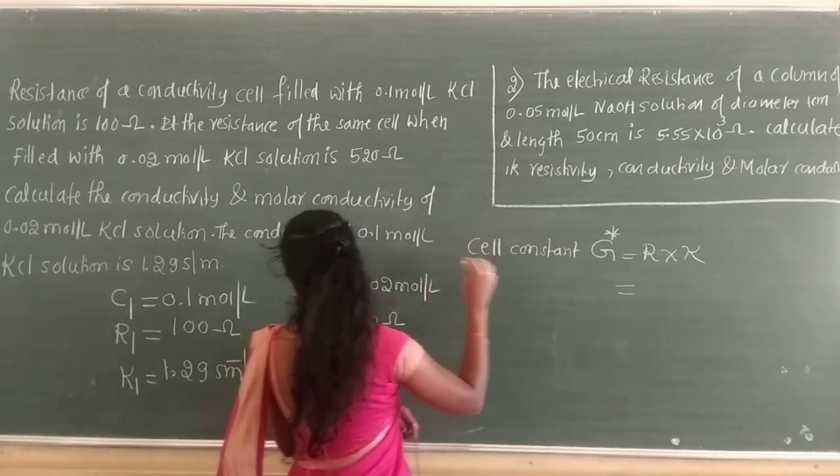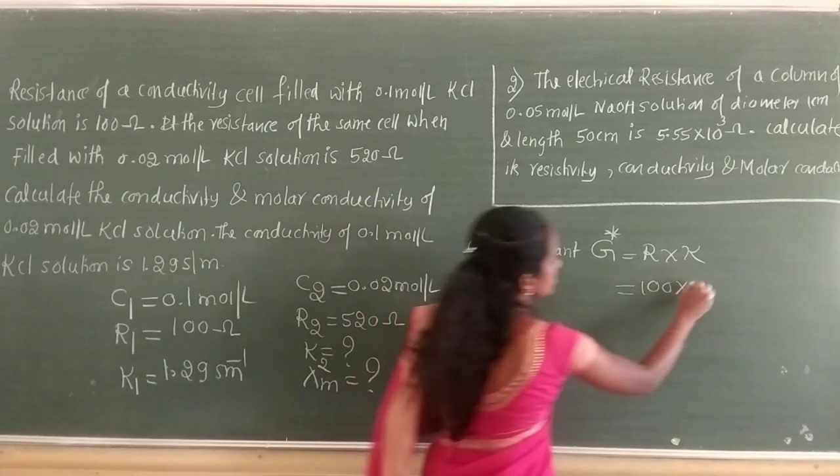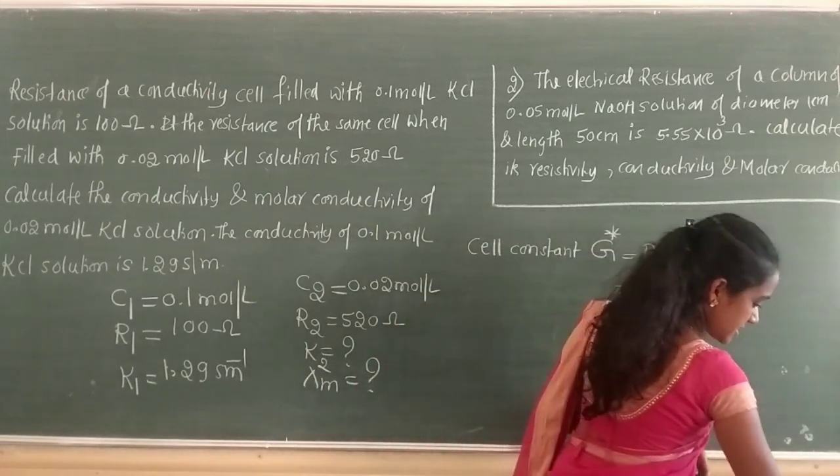It is resistance 100 into 1.29. So, what is the value? It is 129. Yes.